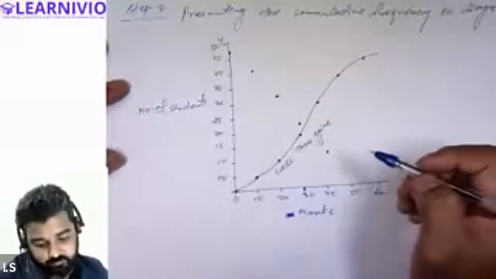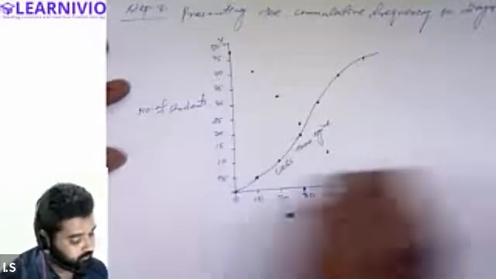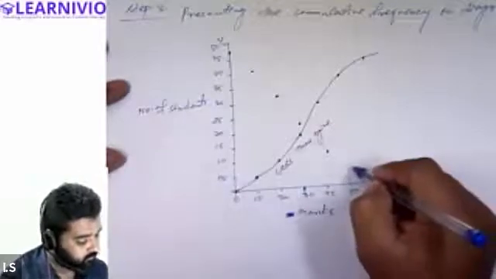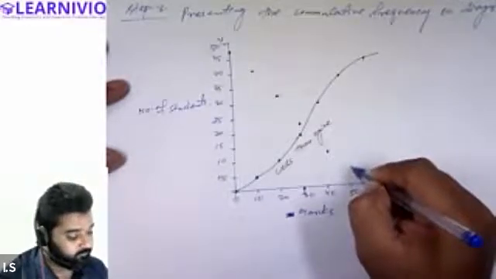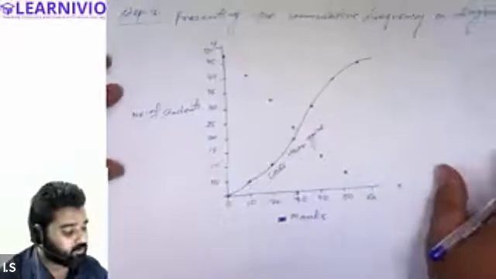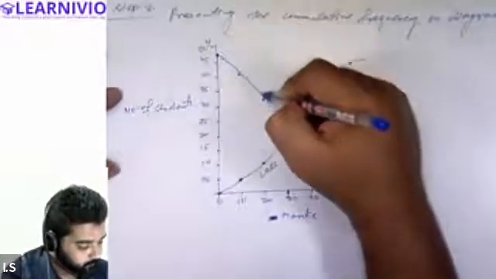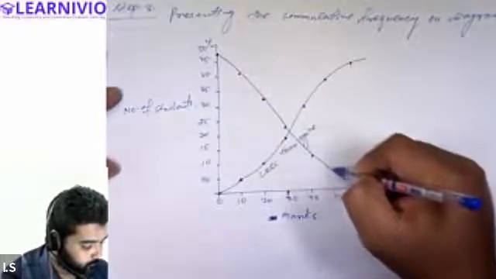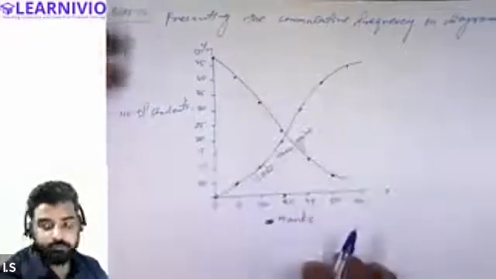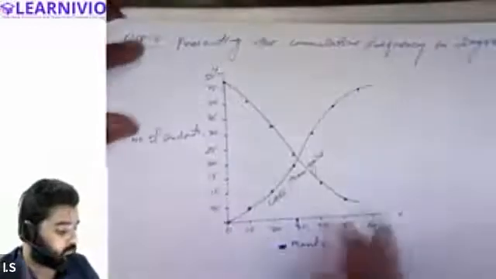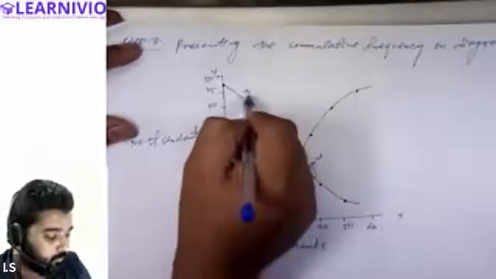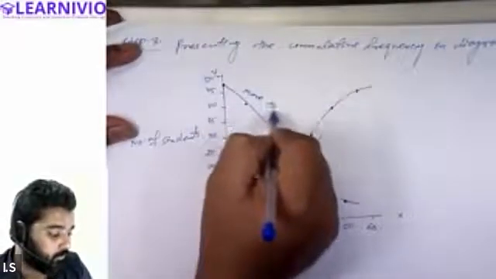And then finally 7. So 7 will be somewhere above 5. Okay. Now we will connect each dot with a line. And this particular line is called the more than Ogive.